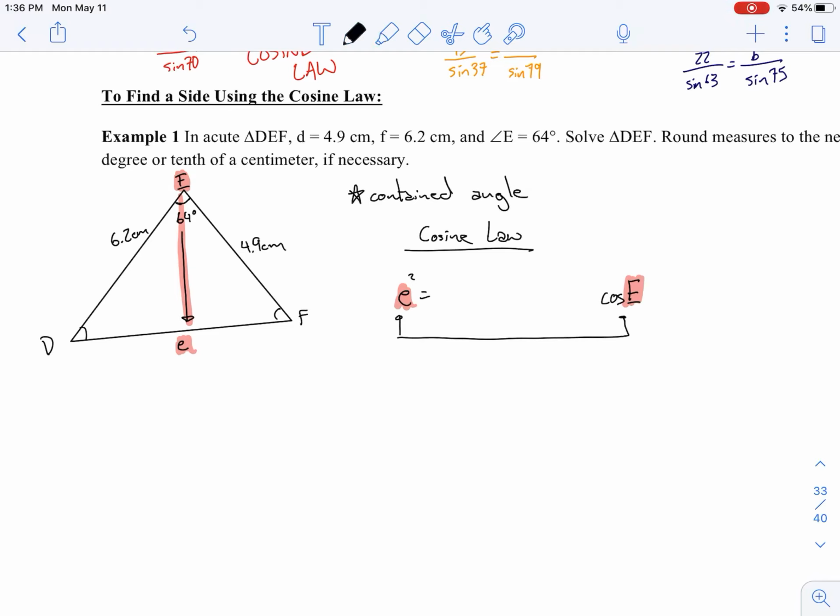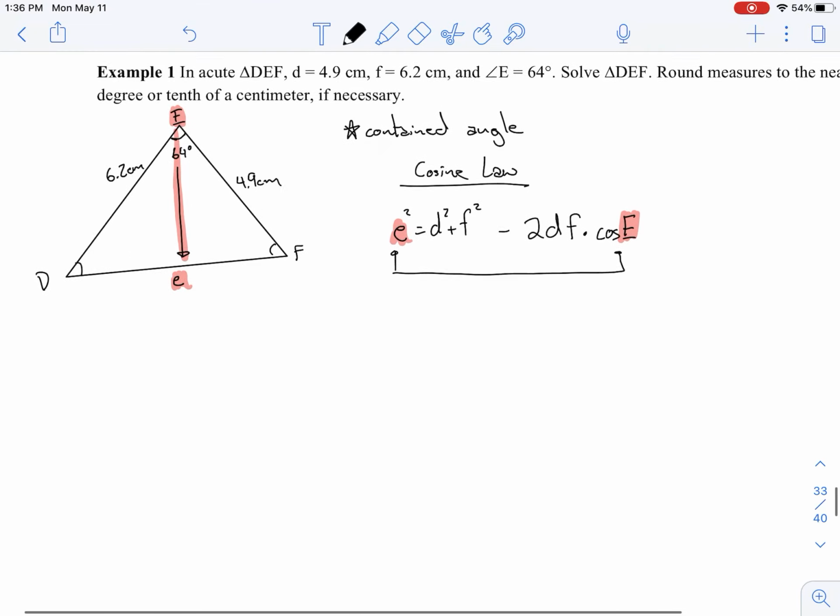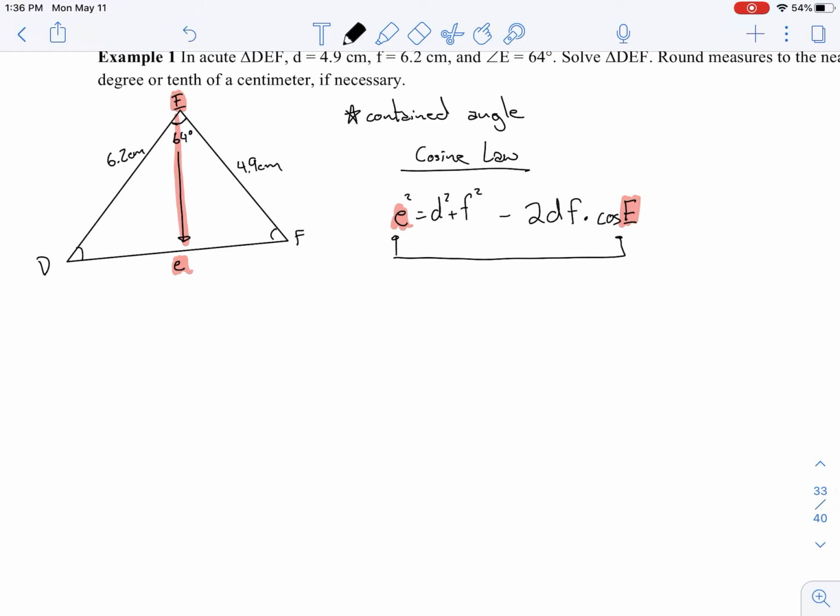Now your other letters in here, it doesn't matter really what order we write them out. D squared plus F squared minus 2D times F times the cosine of E. So we can start filling in some values we know and we don't know and see what we solve for. E squared, I don't know what E is. That's our unknown.